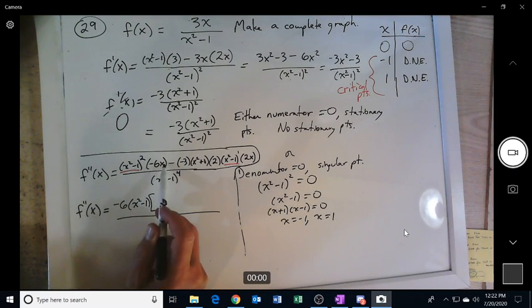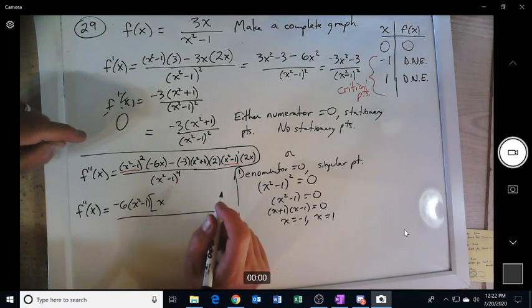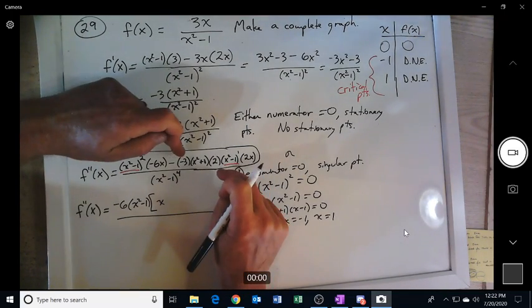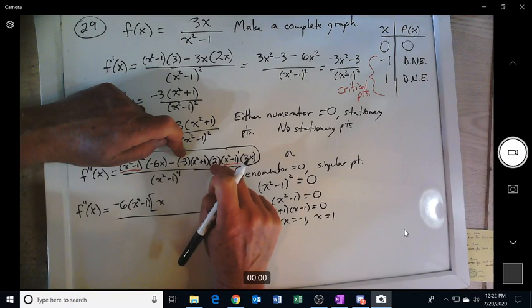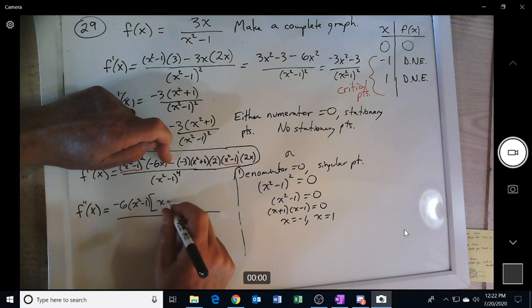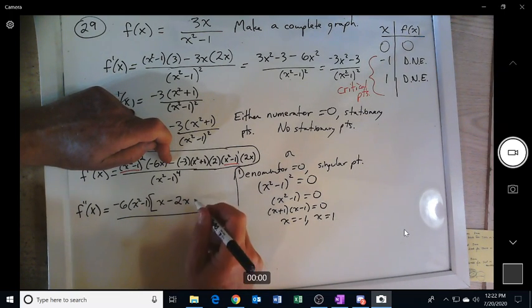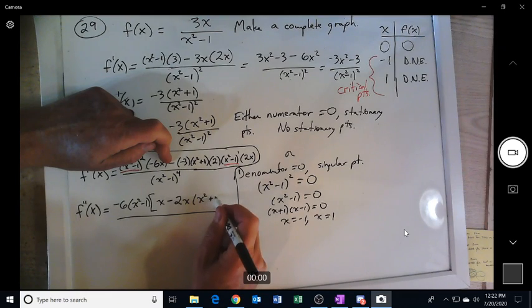What's going to be left over from the first term in the numerator is x. What's left over in the second term, this negative 3 times 2 is factored out, I'm going to have a minus 2x times x squared plus 1.